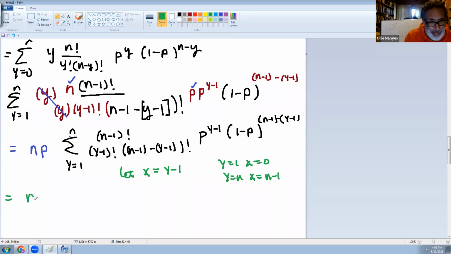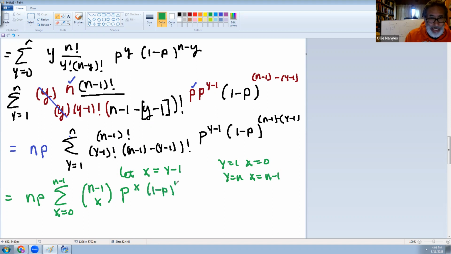So this whole thing becomes np times the summation x equals 0 to n minus 1. This is now n minus 1 choose x, because that's an x, and that's n minus 1 minus x. That's p to the x, 1 minus p to the n minus 1 minus x, because that's an x also.